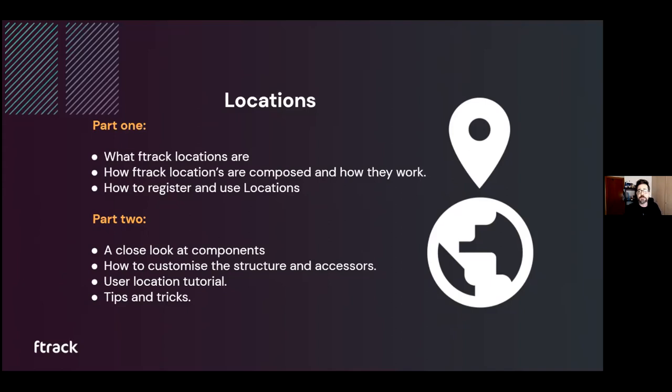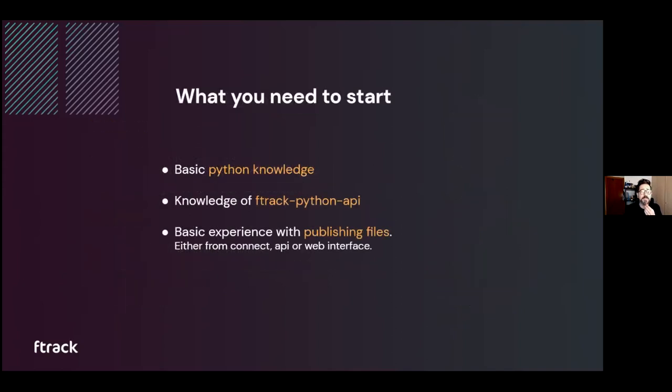So first off, it's worth giving some basis of what you need to know in order to not just participate, but definitely to make the best out of this webinar. You need to have some Python knowledge, of course, to navigate the code and understand what variables, arguments, properties and methods are, and this kind of stuff. Knowledge of the ftrack Python API. We won't be using that much, but a brief idea of how to query entities and how to set attributes might be useful.